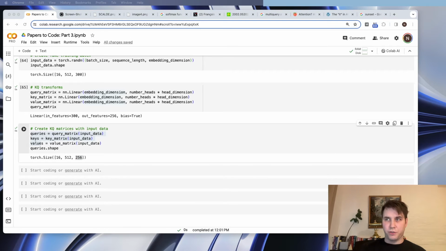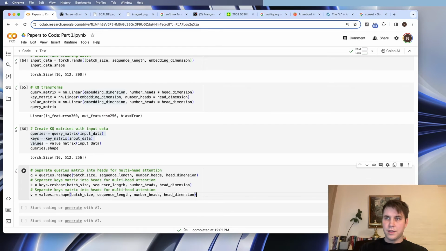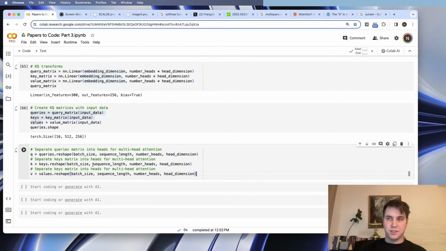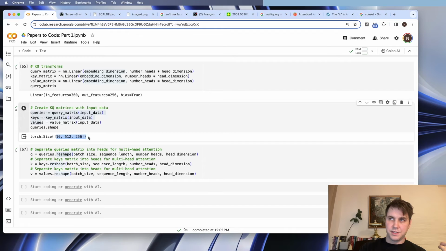So here's where we diverge a little. For single head attention, we just went ahead and started multiplying queries and keys. But here we have to split out this 256 dimension into 8 32 dimension slices. So how do we do that? We're going to take each of these, and this is the same code for each one, and reshape it. So this is going to be reshaped according to the dimensions we specify here.